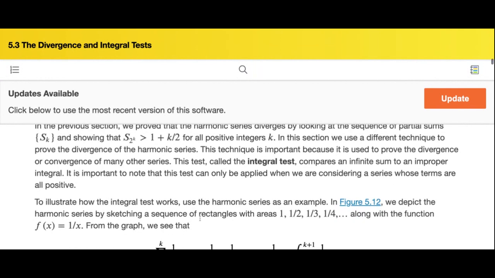All right, so this test is called the integral test. It compares the infinite sum to the improper integral. Remember the improper integral? It's important to note that this test can only be applied when we are considering a series whose terms are all positive. So every term is positive.